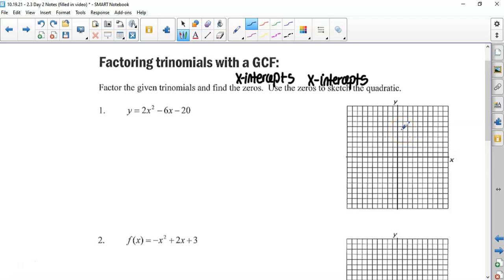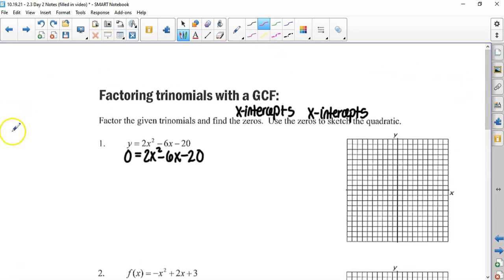Step number 1, set it equal to 0. So 0 equals 2x squared minus 6x minus 20. Before we can go any farther, we're always going to want to remember to look for the GCF.